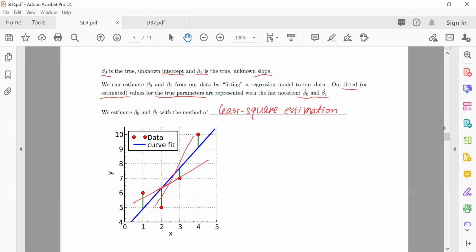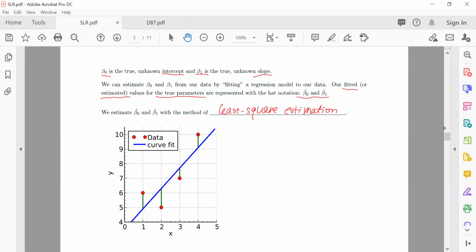We will say this blue line will be the best option, not because this is drawn by your professor, but because it minimizes the error, or the square errors, or the residues.